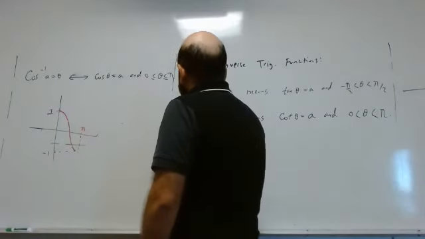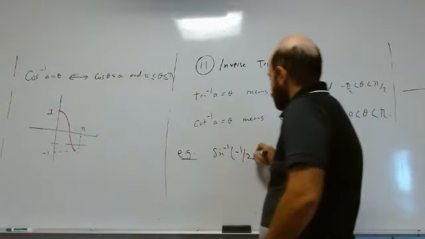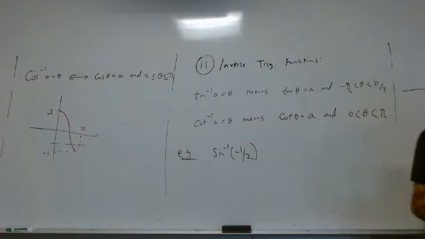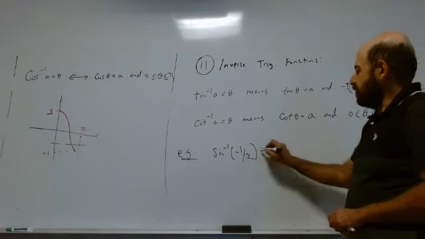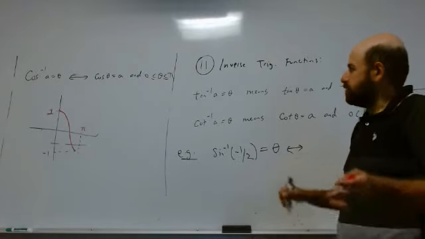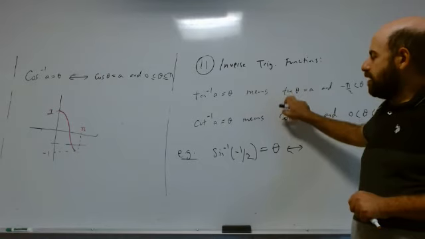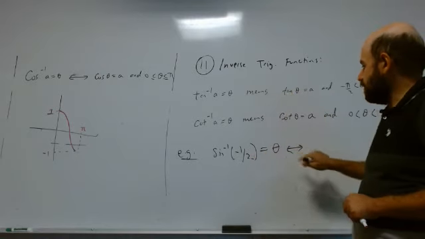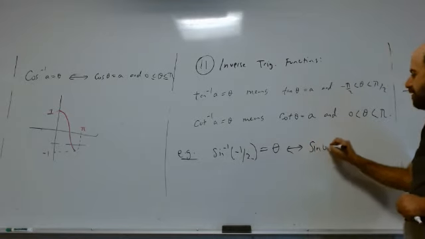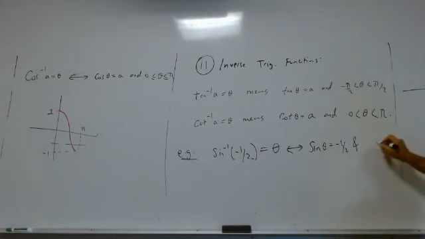So for example, let's say if you want to find sine inverse of minus 1 over 2. If I put it equal to theta, this is equivalent with saying that, according to what we said, for sine inverse, sine inverse A equals theta is the same as saying that sine theta is equal to minus 1/2, and theta between minus pi over 2 to pi over 2.